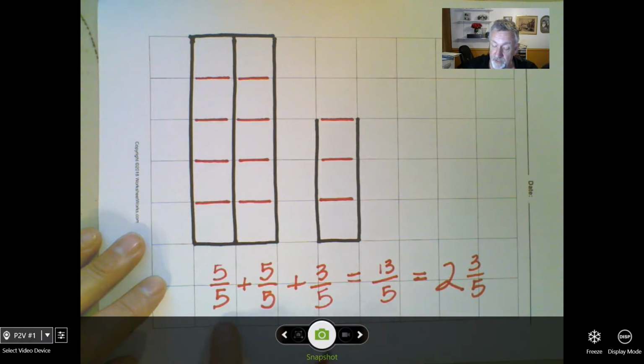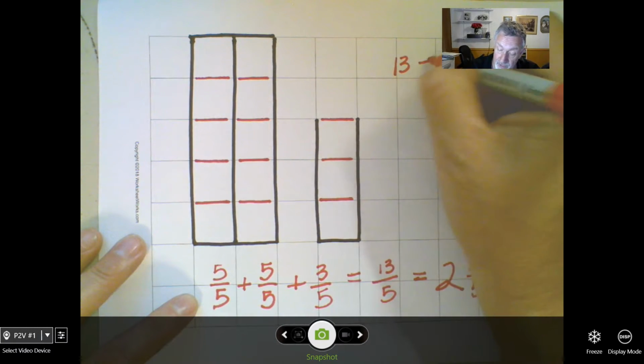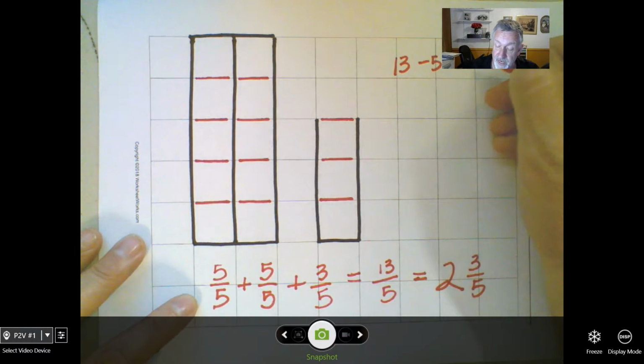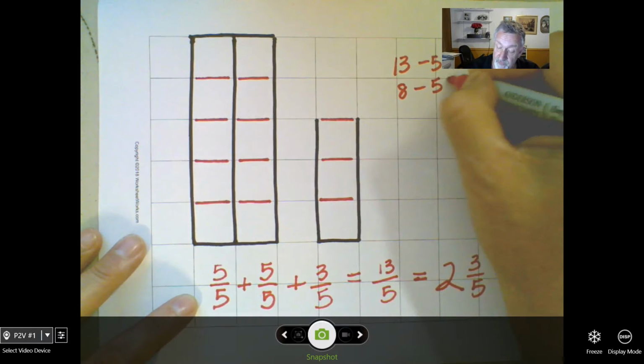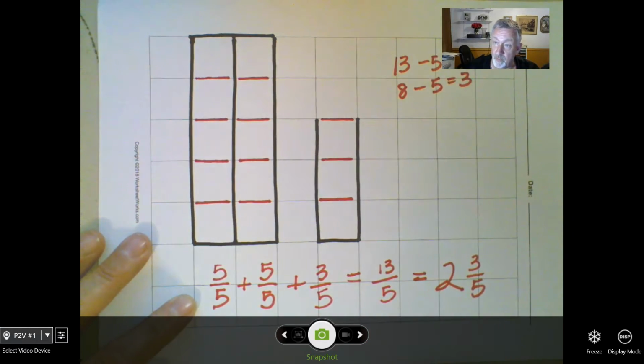Okay, well again, we could just take 13 and start subtracting out whole units, 5 out of 5. So we could say 13 minus 5 is 8, and I have enough to take out another whole unit, so 8 minus 5 equals 3. I cannot take another whole unit away.